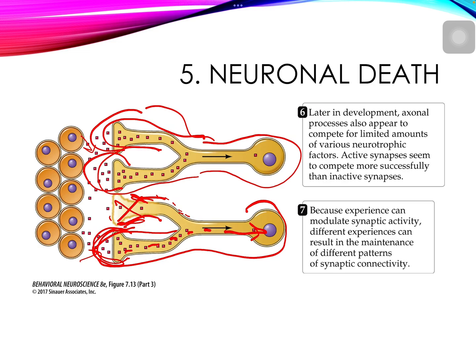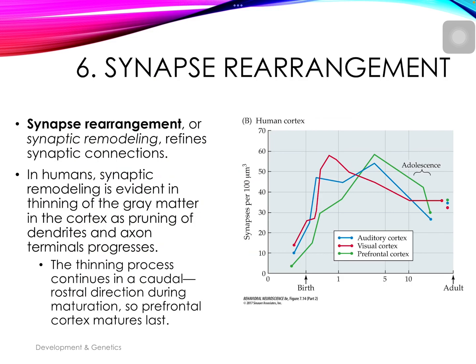Then, as we continue with this process, we see synapses rearranging because some of them are receiving more nutrients. Some of them are firing, and they're able to establish greater connection across other synapses. And we see an abundance of synapses and synaptogenesis happening at different portions of development.